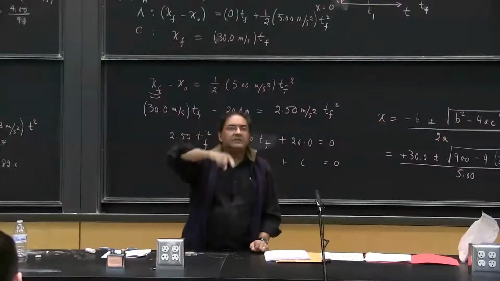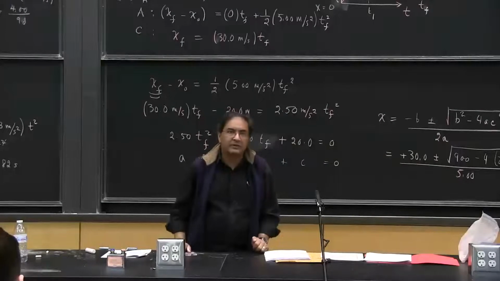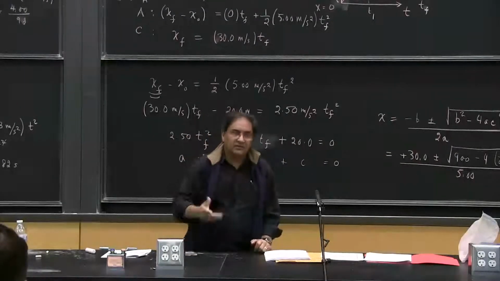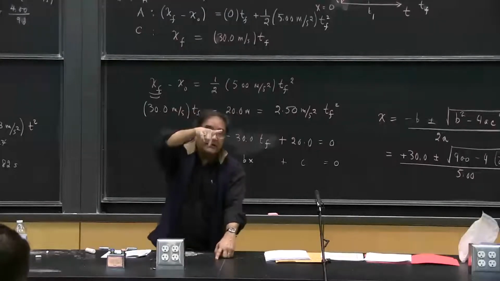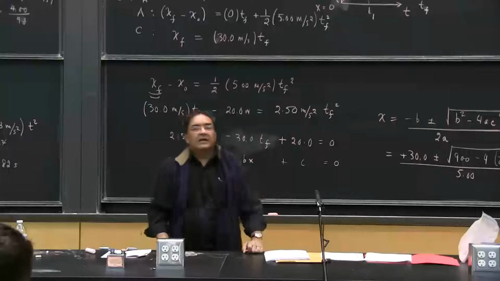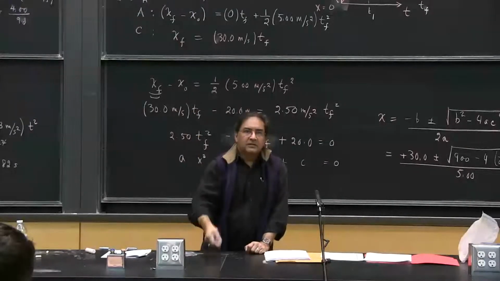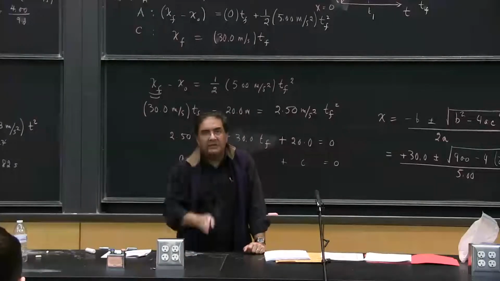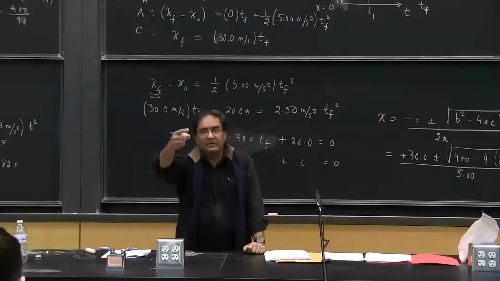Finding T1 is quite easy because it's just a ball drop problem. You have done that a million times already by now. It's half g t squared, essentially. So that's half g T1 squared. So the y is half g T1 squared. And as far as the sound is concerned, the sound speed is given, 332 meters per second in the problem. So you multiply the sound speed with T2, because that's how long the sound takes to come back up.